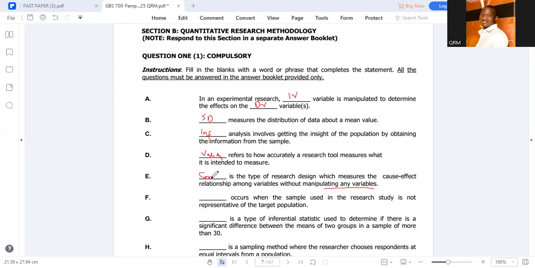Correlational, yes. Okay, dash occurs when the sample used in the research study is not representative of the target population. Bias. Yes, sampling bias, correct.